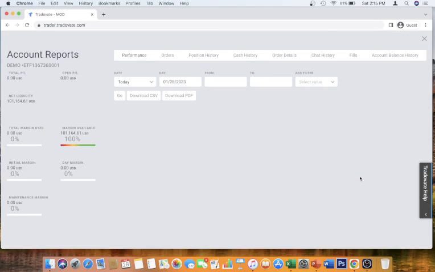So this account I was trading maybe around a week towards the end of the year last year. So we're gonna pull that up in here. So let's see. Okay, let's just go from the 22nd to the 29th. Custom range. Okay.